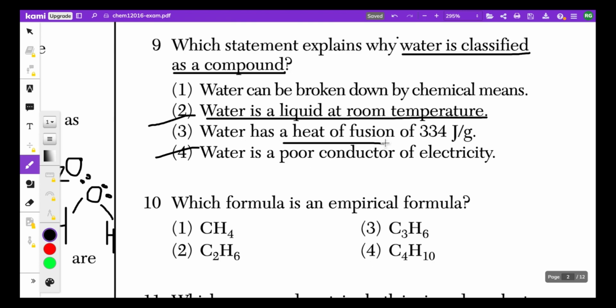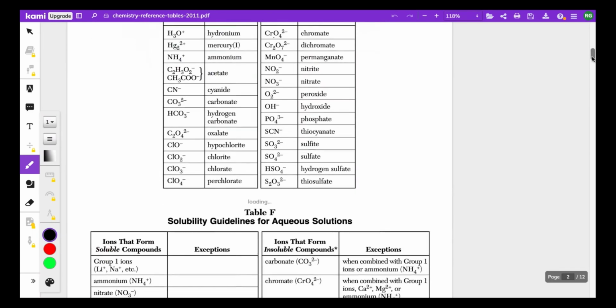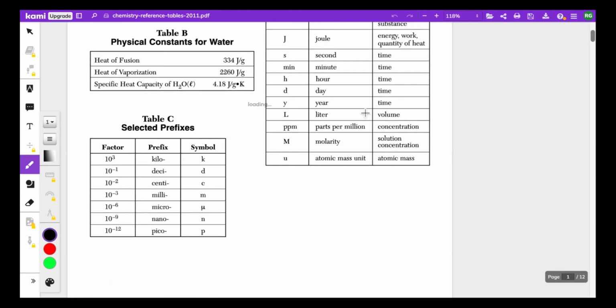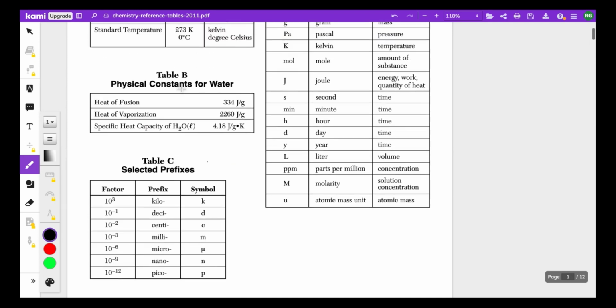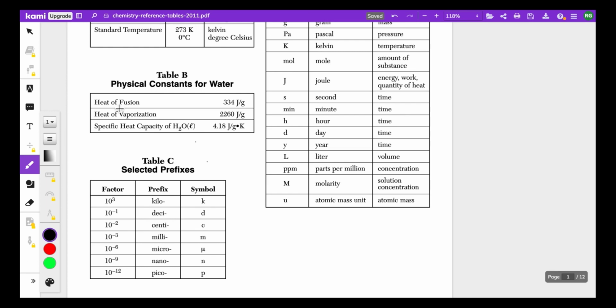Now, water has a heat of fusion. And if you don't know what that is, let me just scroll up. So, if you look here, this is the heat of fusion. Imagine you have 1 gram of liquid water, and you might be asking, how much energy does it take for me to evaporate 1 gram of water into water vapor?